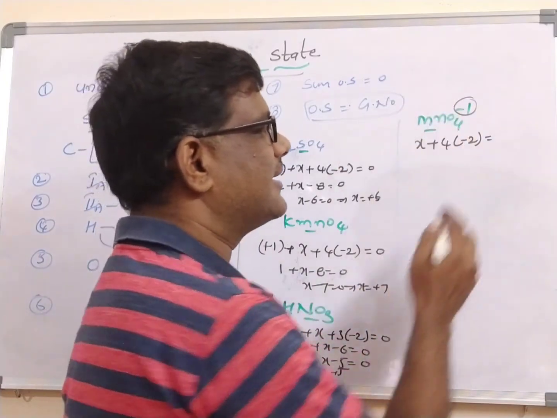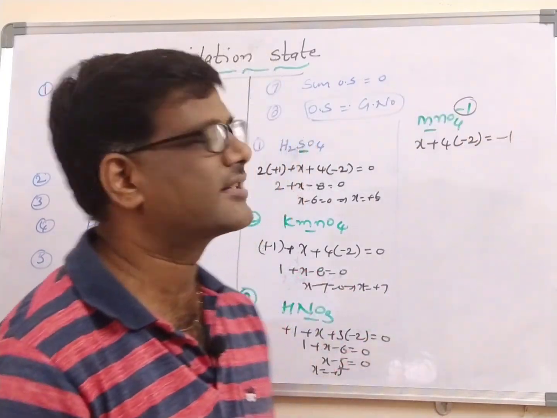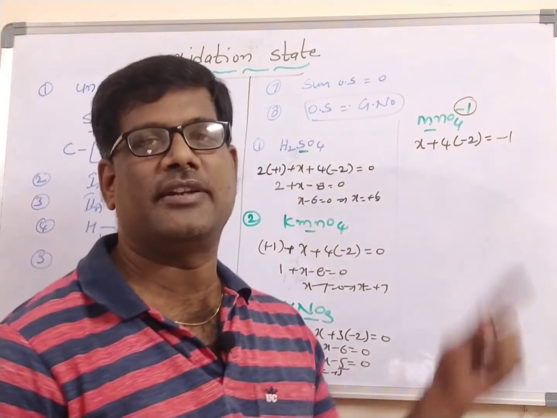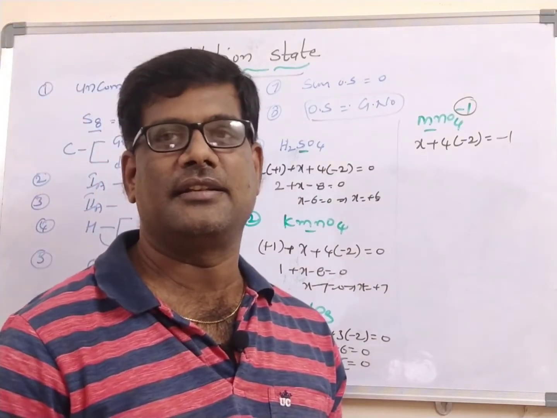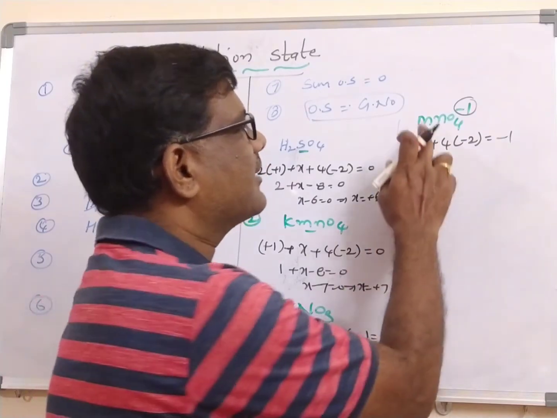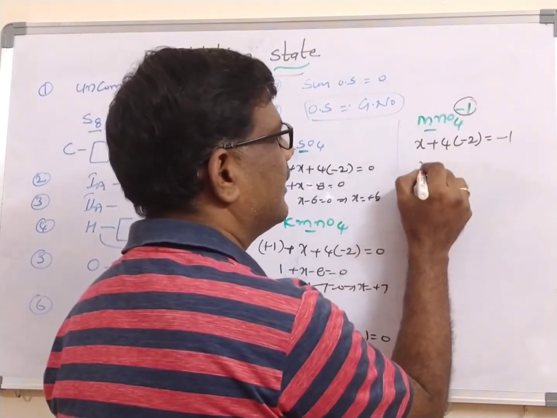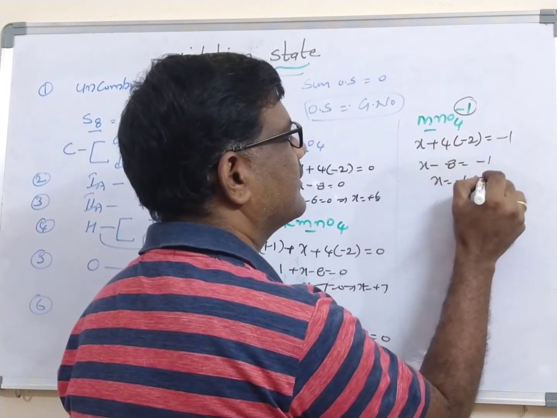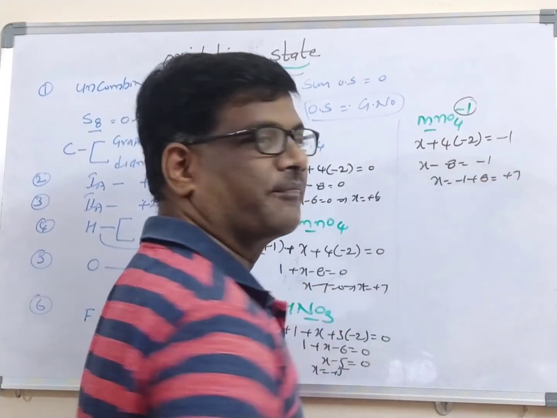In this case it is equal to -1. That is the only difference. For a neutral molecule, the sum of the oxidation states equals 0. But whenever you take a cationic or anionic species, the sum equals the charge, here -1. So X minus 8 equals -1, X equals -1 plus 8, equal to +7.